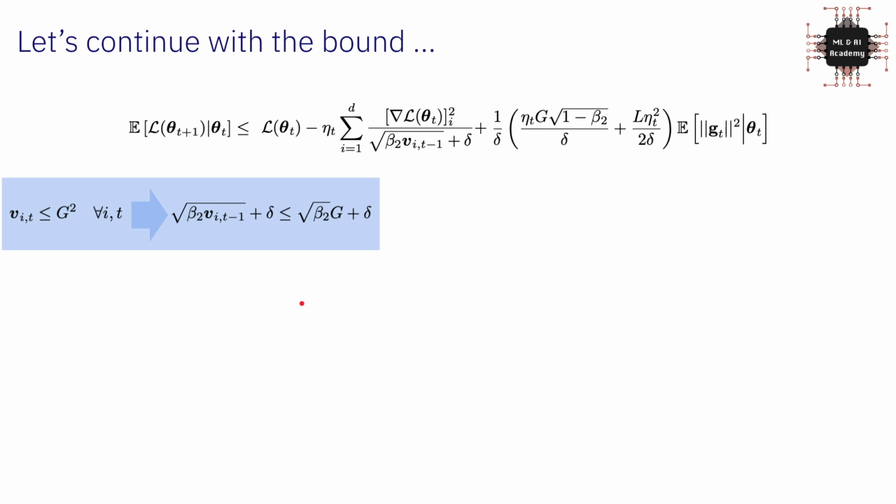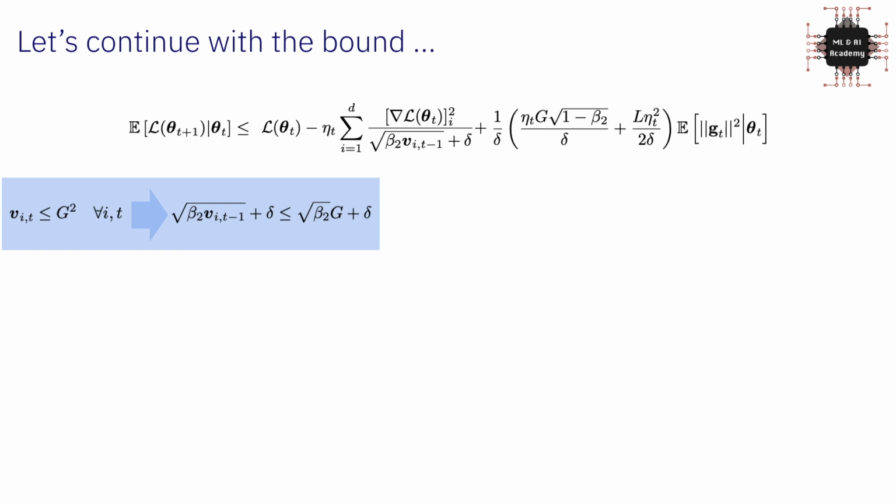Great. So now we're gonna start trying to bound this term right here in terms of our G that we introduced before. Remember, we introduced an upper bound on the absolute value of the gradient.